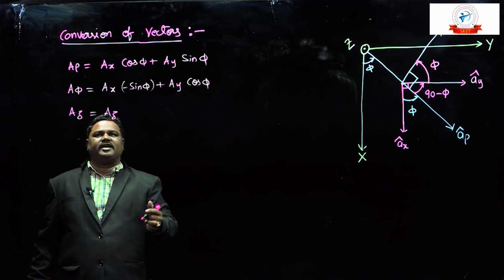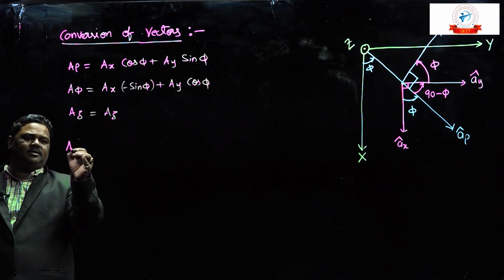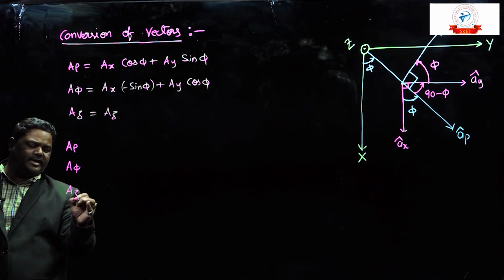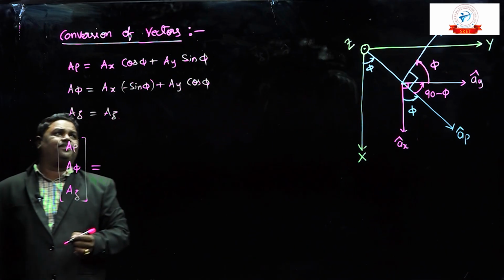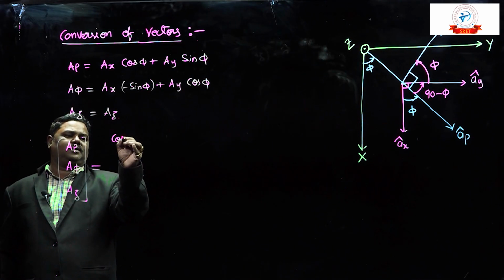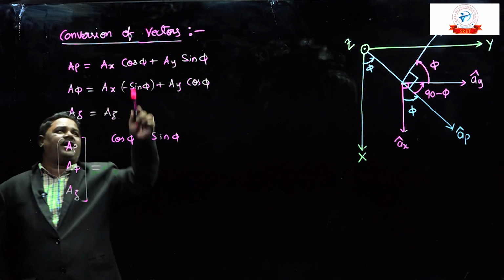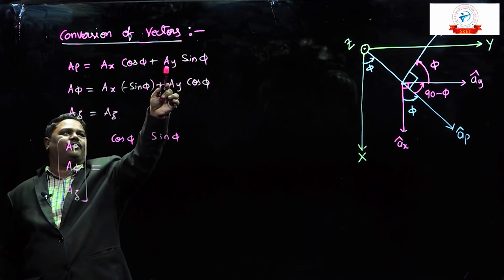Okay, so we can write this in the form of a matrix. So just I will write like this. We have calculated rho component, phi component and z component, which is equal to cos phi, sin phi. Here cos phi is multiplied with the x component, sin phi is multiplied with the y component.